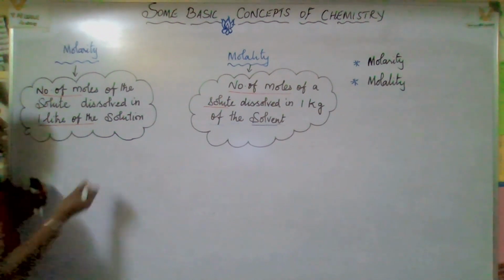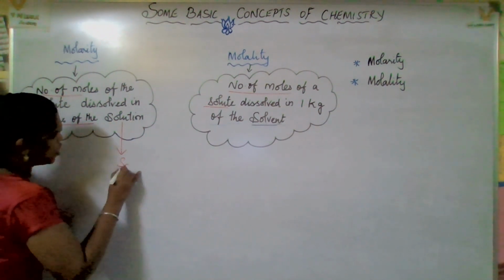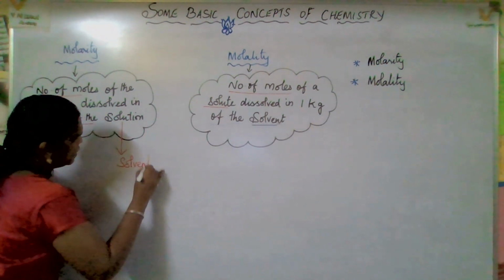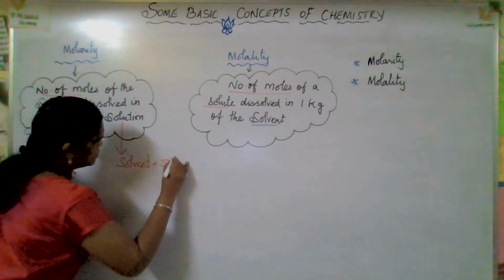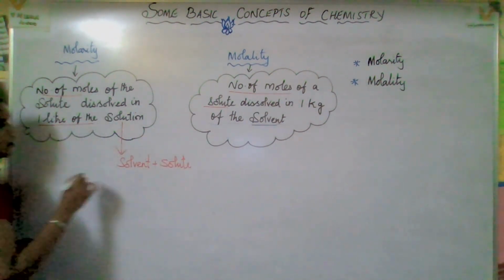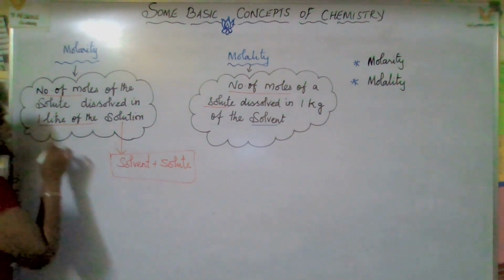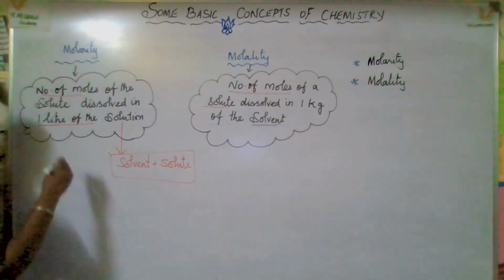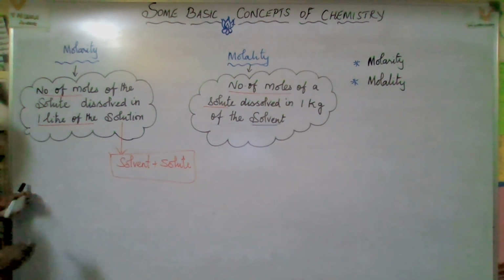Solution means solvent plus solute, right? So solvent and solute together make 1 liter of the solution. So what is the formula you can expect?